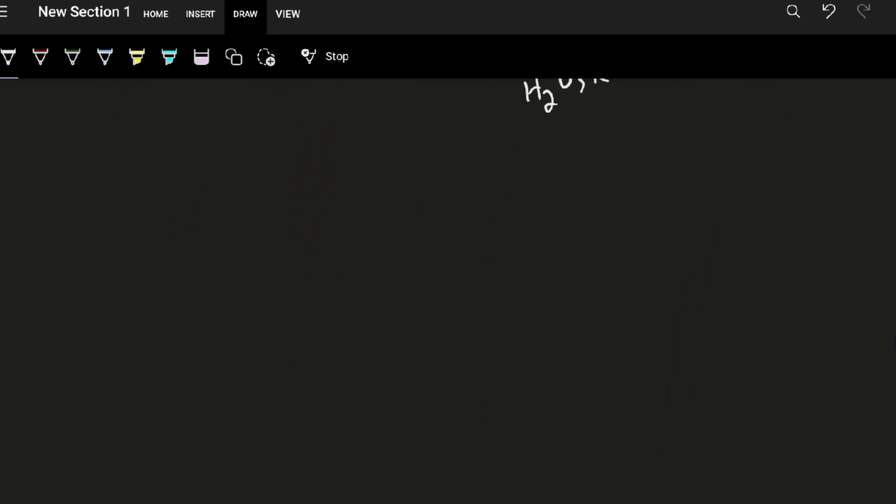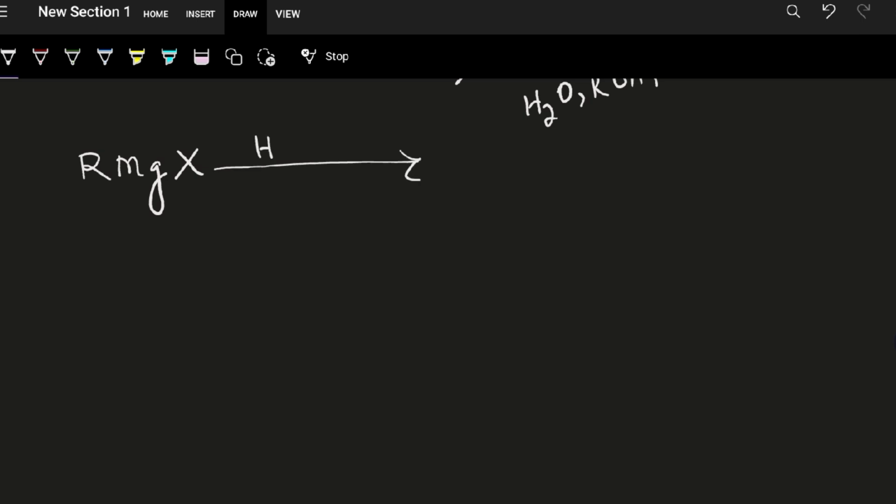So what will happen if there are traces of moisture during the preparation of Grignard? We want to see that. See, Grignard reagent over here, if moisture is there or any proton source is there, it can give its proton, and what will happen, this bond between carbon and magnesium, being a polar bond now, developing a polarity on account of the electronegativity difference between the carbon and magnesium, the bond breaks in this manner.